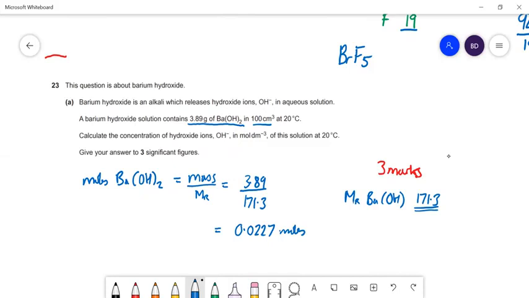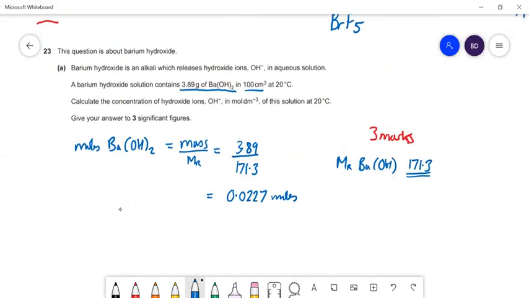Okay. So how many moles of OH minus is that going to give us? Well, we can see here, look, we've got 2 hydroxides for each mole of barium hydroxide there. So, right, moles of OH minus is 2 times 0.0227. That gives us 0.0454 moles.